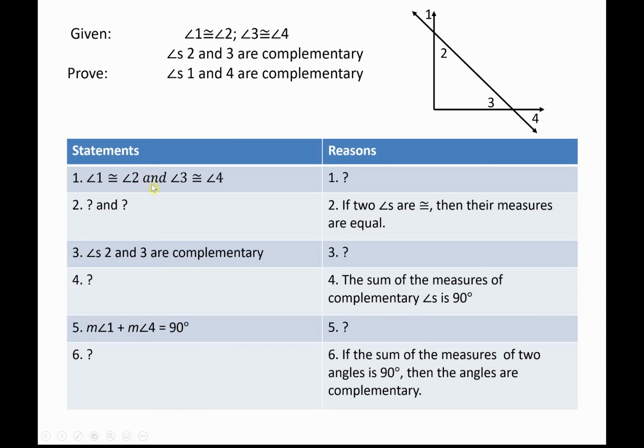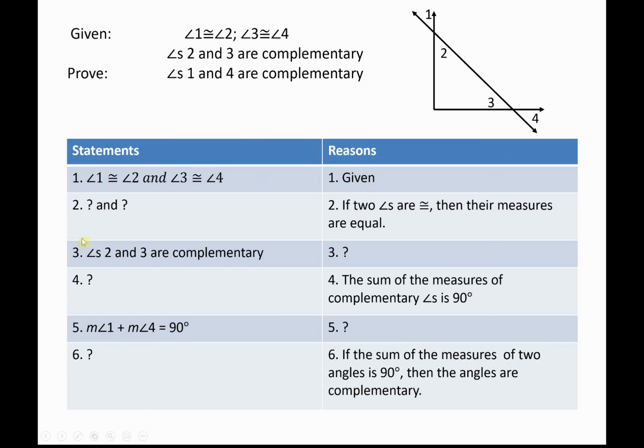Notice that the very first statement is the first line of the collective given information. So what do we get to use as reasoning to justify that? Well, if it was given to us here, it's given to us there, okay? So always, if you're using the given information, and you always should use all of the given information in order to start your proof, then you get to justify it with simply the word given. It's kind of like your freebie, okay?